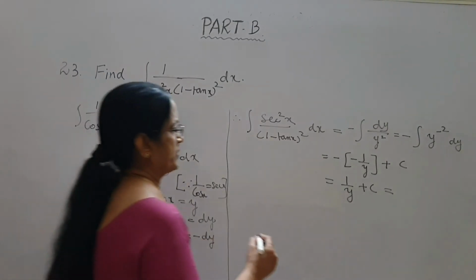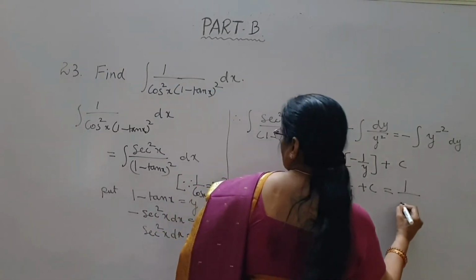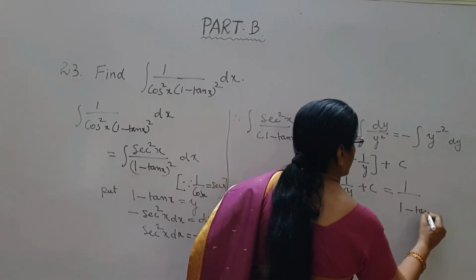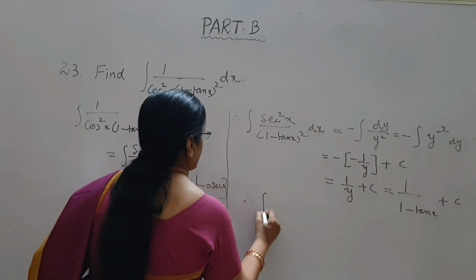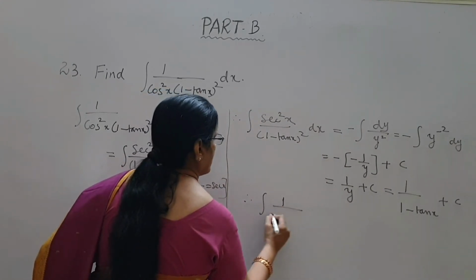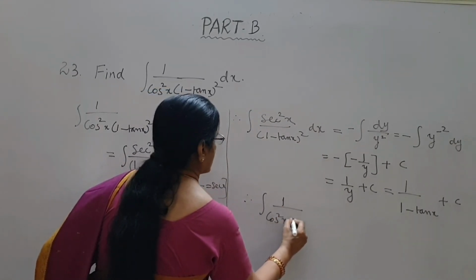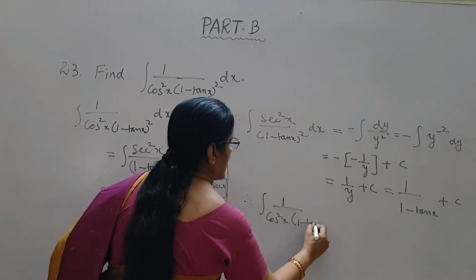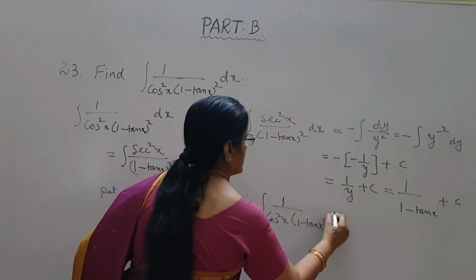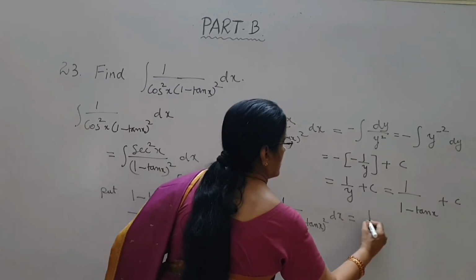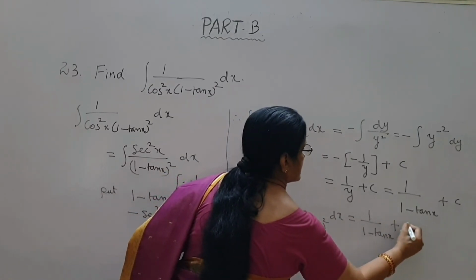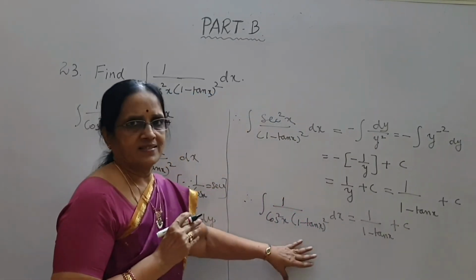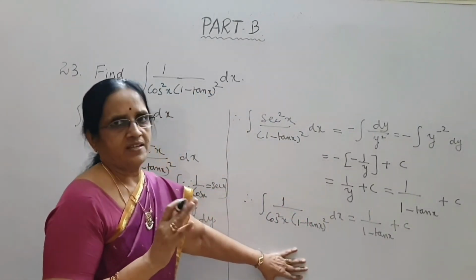So, let me substitute here 1 by 1 minus tan x plus c. So, therefore, integral 1 by cos square x into 1 minus tan x the whole square dx is nothing but 1 by 1 minus tan x plus c. This will be your final answer. You have to rewrite the answer once again.